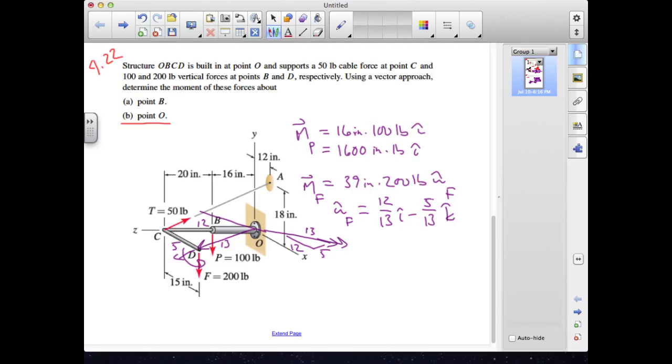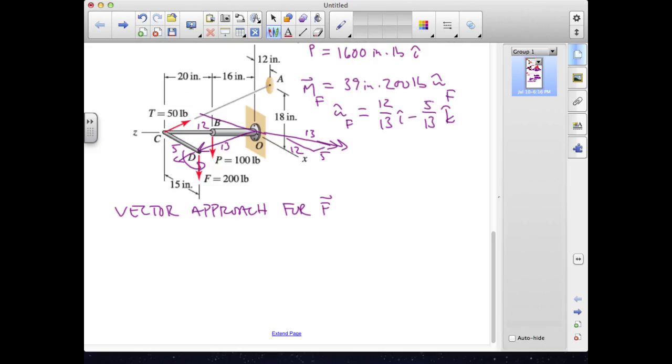Alternatively, we could use the vector approach, and there we would write the moment due to F about O would be ROD cross F. And that's again 15I plus 36K crossed into minus 200J, and that's in units of inch-pounds.